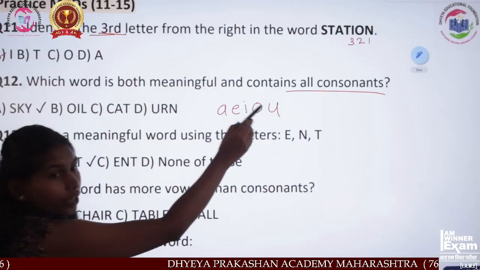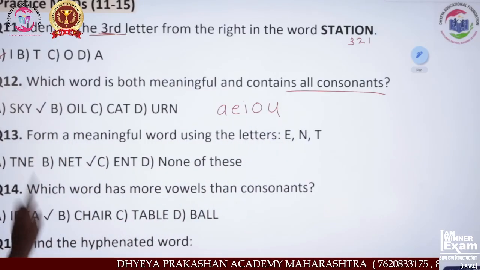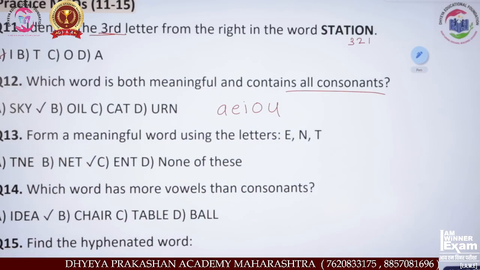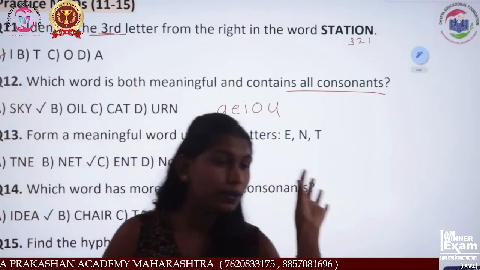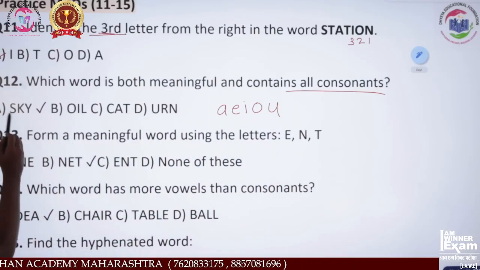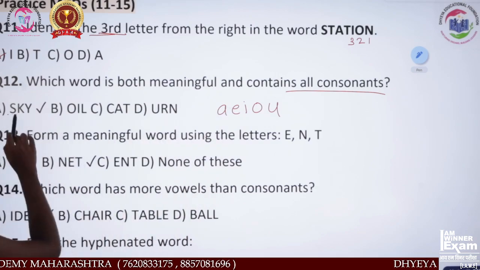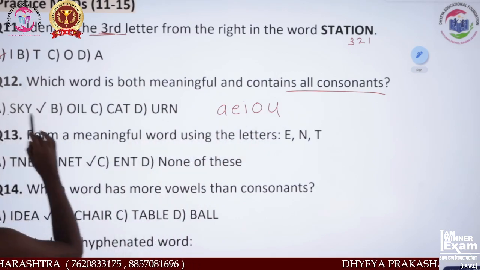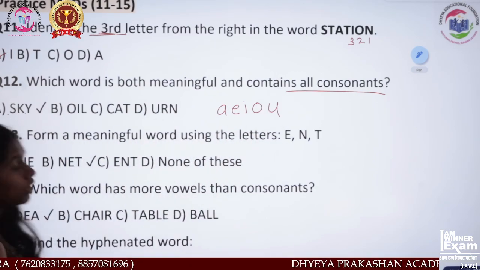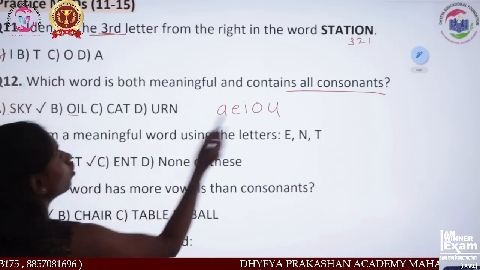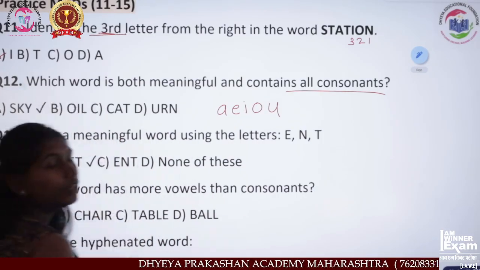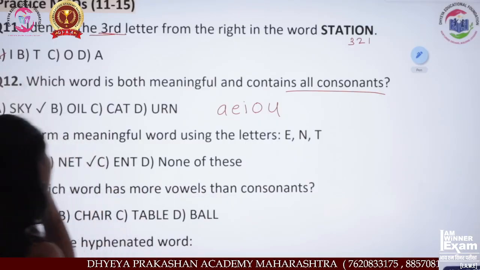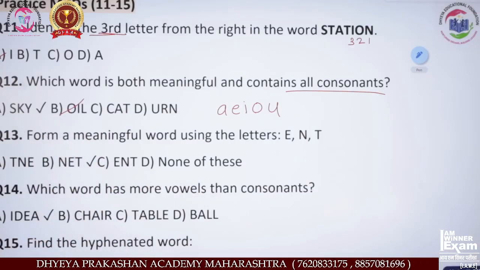Sky is a meaningful word. So let's check if a vowel is there in the word, but we don't want vowels to be there in the word. So let's check. S is not a vowel. K is not. Y is also not. The next one, oil, O is a vowel, but we don't want vowels in the word. So B is not the option.